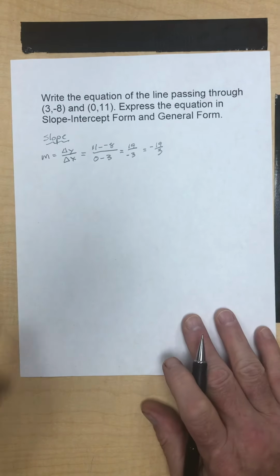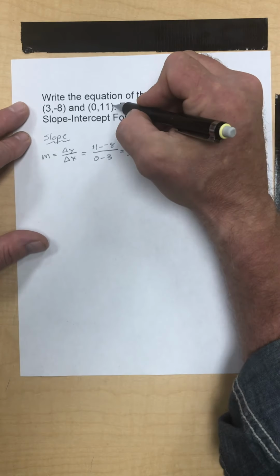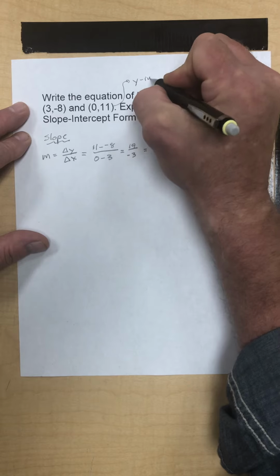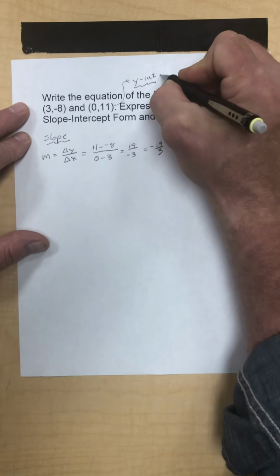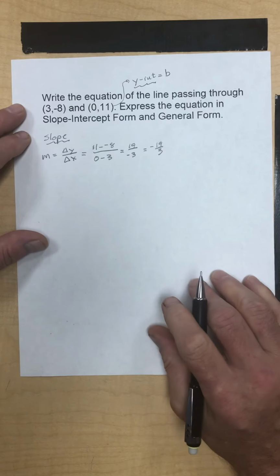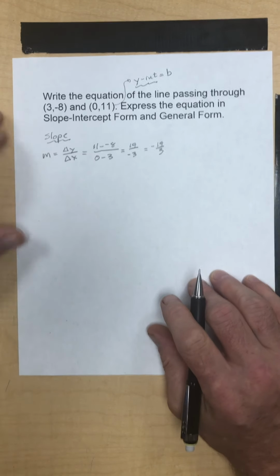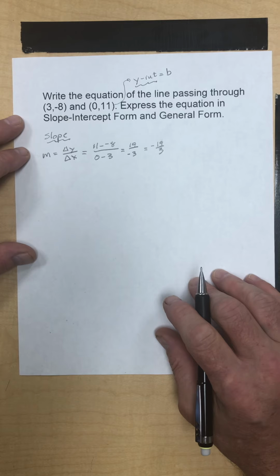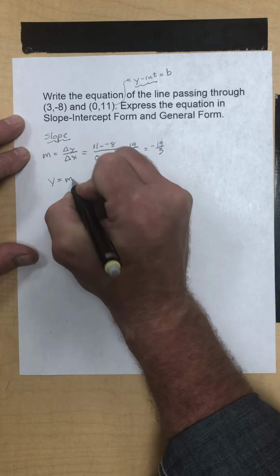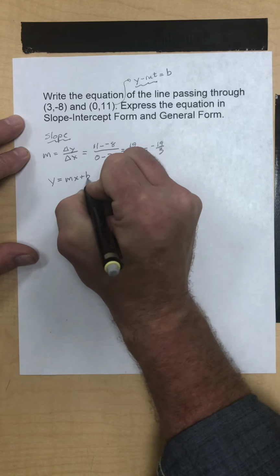Now the good thing here is that is my y-intercept, which means that's my b. So instead of going to my point slope formula, I will go right to my slope-intercept formula. So I'm going to use y equals mx plus b.